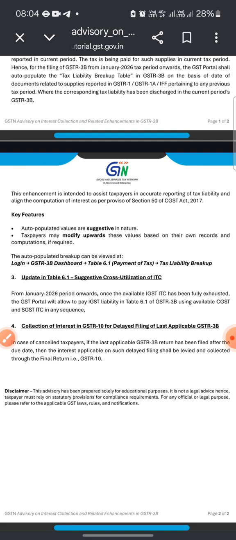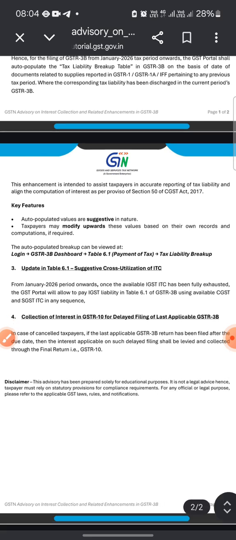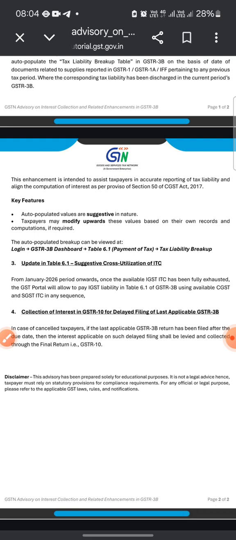Auto-populated values are suggestive in nature. Taxpayers may modify these values upwards based on their own records and computation if required. The auto-populated breakup can be viewed at login, GSTR 3B dashboard, table 6.1, payment of tax or tax liability breakup.